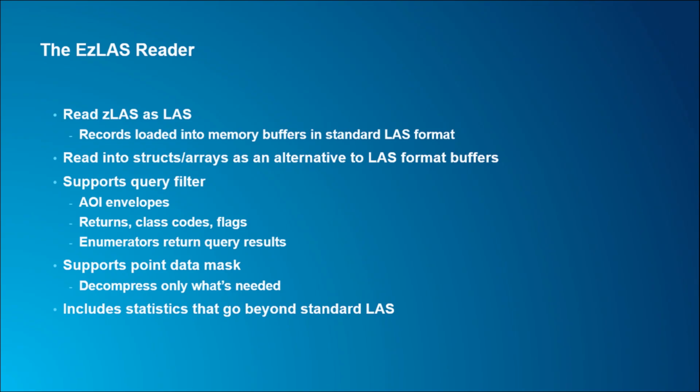That's one of the nice properties of zLAS, that we have separately compressed attribute channels. So returns, class codes, scan angle rank, intensity, those are all considered different attributes in their own separate channels. And so instead of decompressing all those attributes per point record, we can selectively decompress just what's needed. It improves efficiency in that regard.